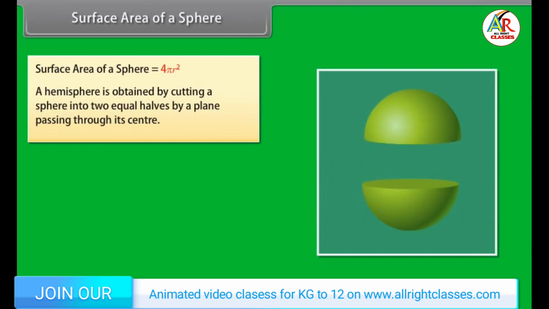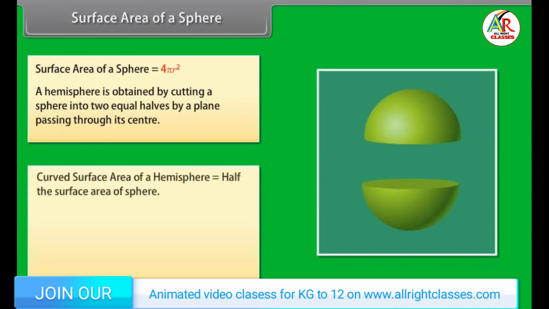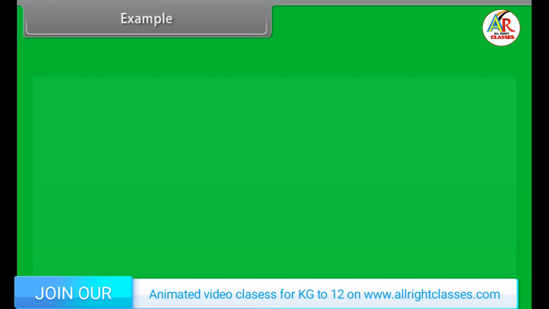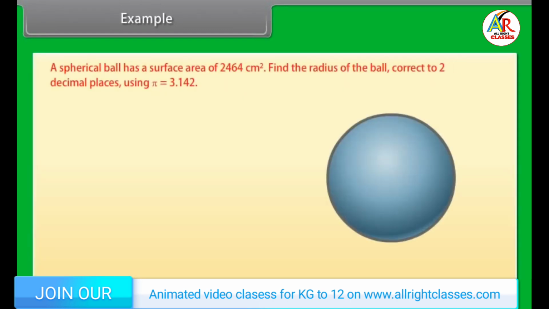Therefore, by substituting the values we get, surface area is equal to 3.14 into 10 into (10 plus 15). By solving this, we get surface area is 785 square meter. Therefore, the surface area of the right cone is 785 square meter.